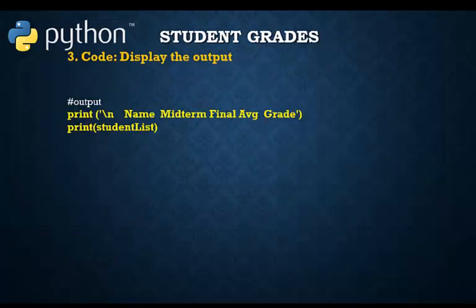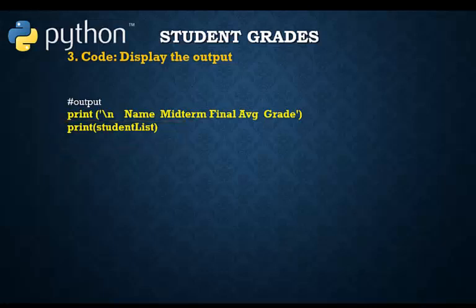Once we have completed all the processing, we can display the output. Notice the simplicity of using the list. We have a print statement for headings, name, midterm, final, average, and grade, and then a simple print student list statement that will display all of the items in order that are stored in the student list.